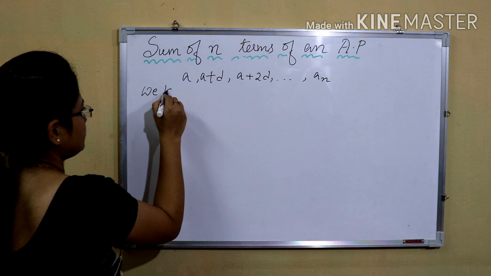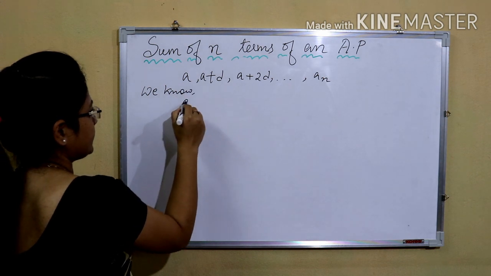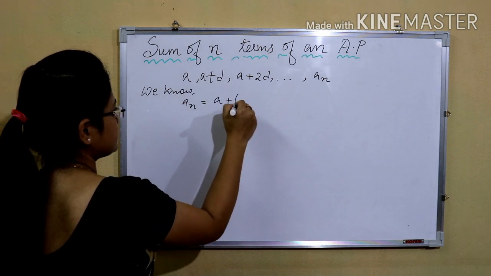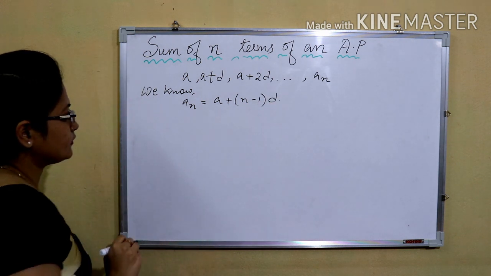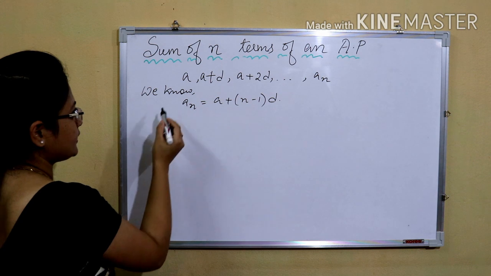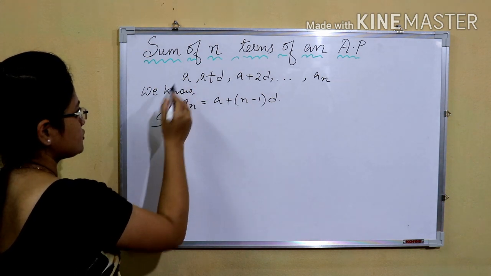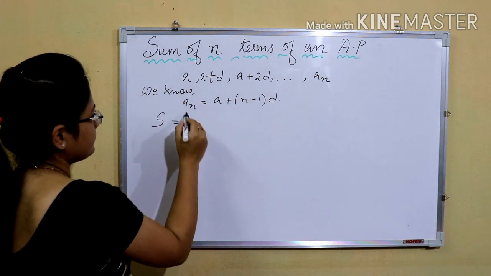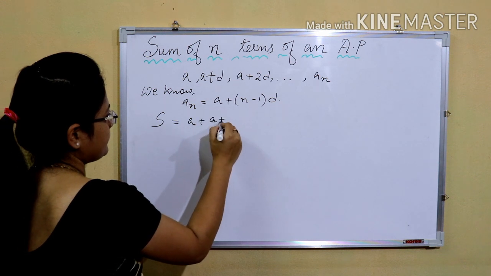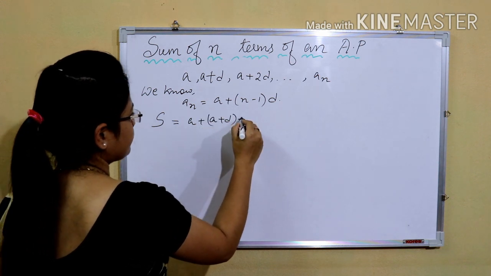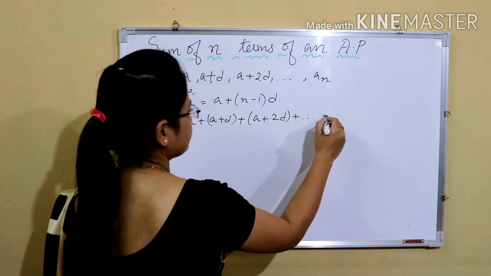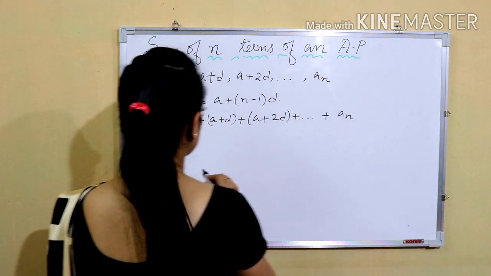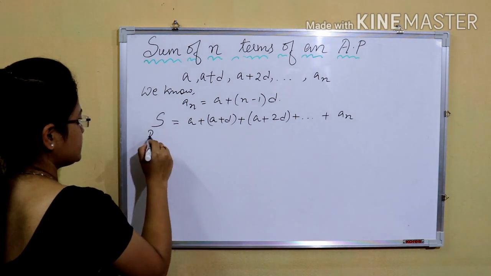And we also know that an is equal to a plus n minus 1 d. Okay, let us find S. So what can I write here? S is equal to a plus (a plus d) plus (a plus 2d) ... an. And just the reverse of this?